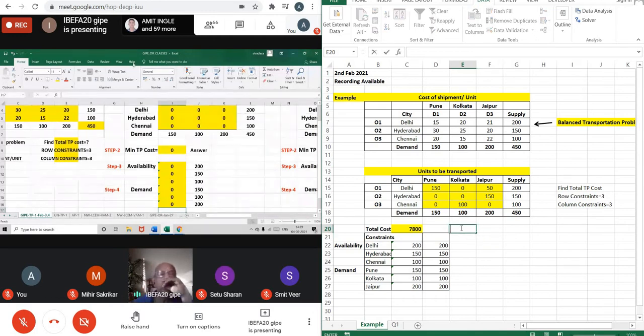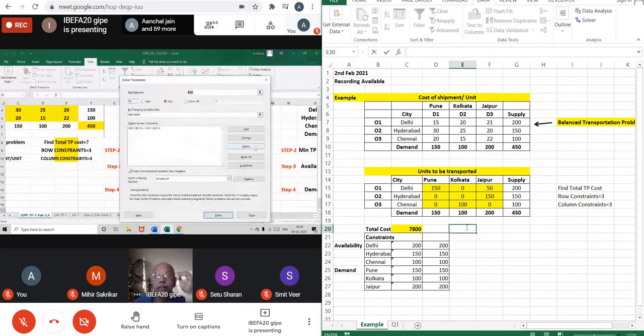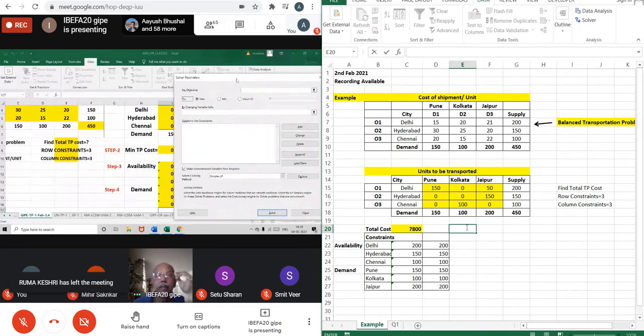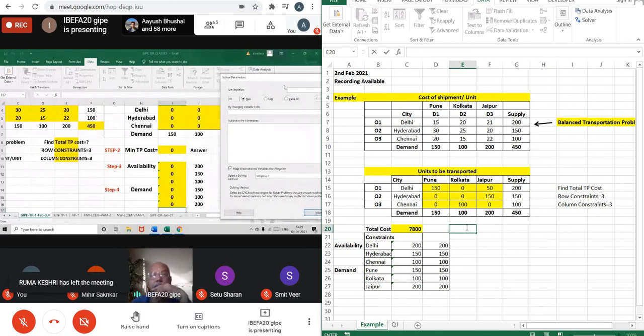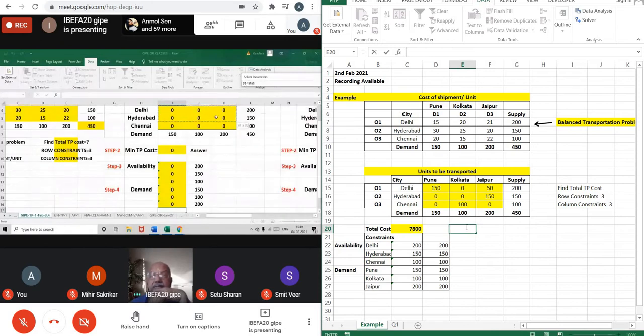And now we can solve it by Solver. The objective function will be my minimum total transportation cost. That has to be minimum. And the range will be all these allocation matrices.